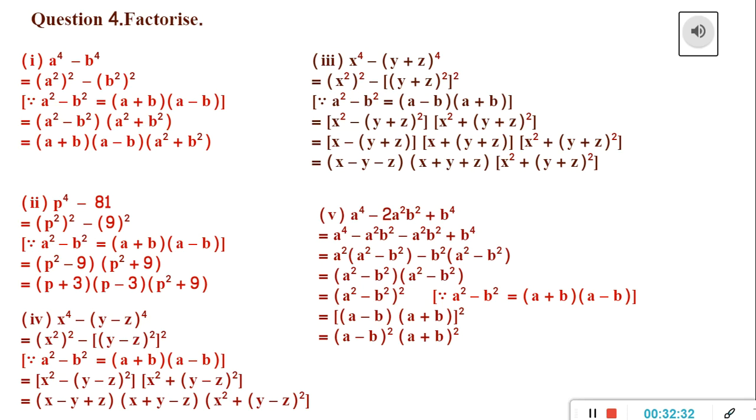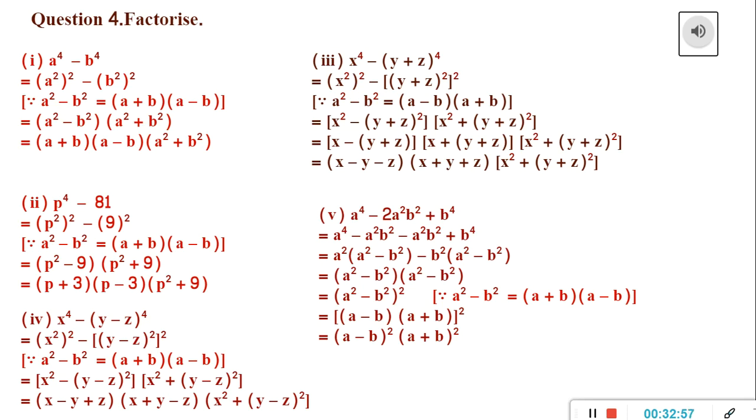Now question number 5. a raised to 4 minus 2a square b square plus b raised to 4. Here a raised to 4 and 2a square b square is there. Isn't it? Now we can split this one like this: minus a square b square minus a square b square. That is, if we are adding together, we will get a raised to 4 minus 2a square b square plus b raised to 4.